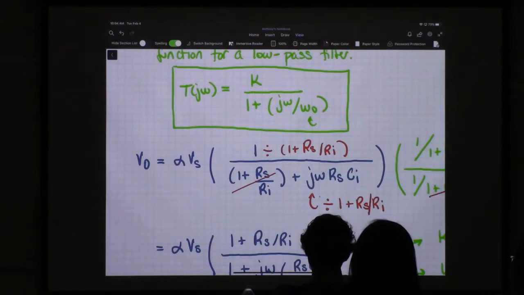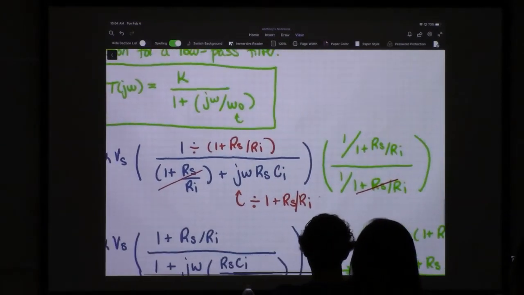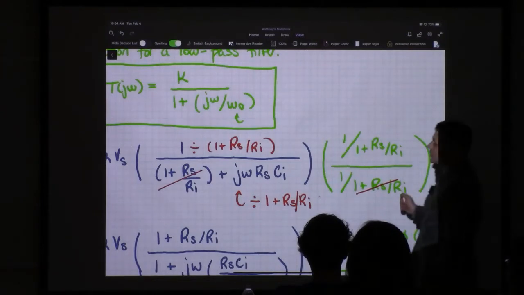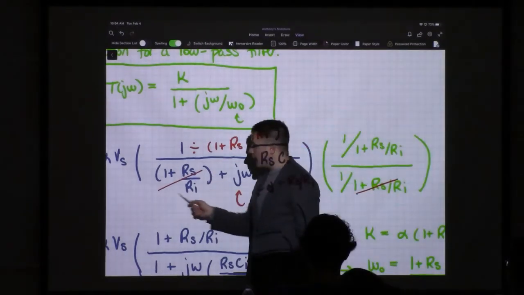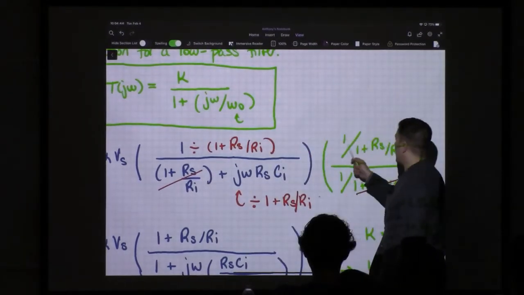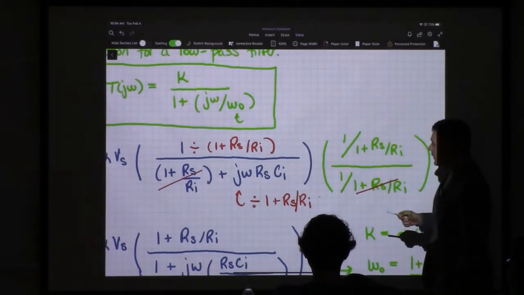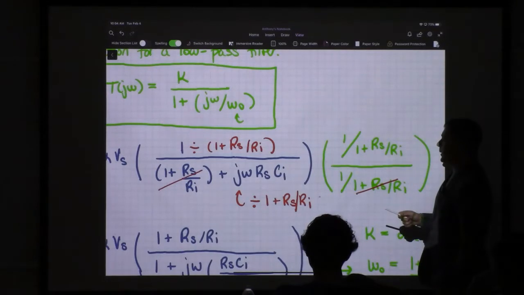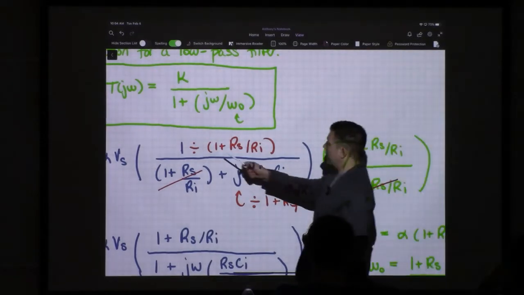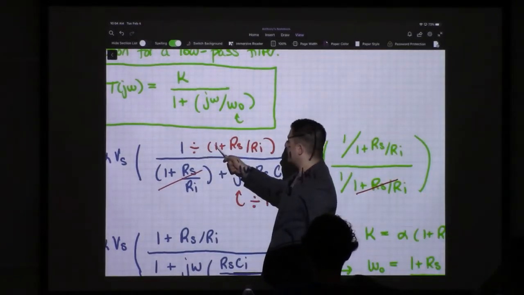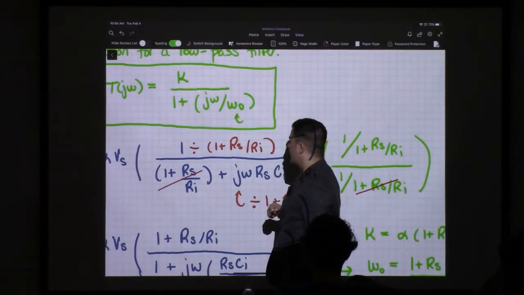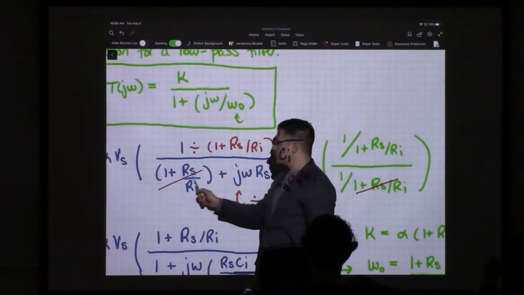We can multiply by 1 over 1 plus rs over ri. So we're taking this component and we're multiplying by 1 over that. Again, this is equal to 1 because it's 1 over itself. And what ends up happening? So this will be 1 divided by 1 over rs divided by ri. This will get canceled out.